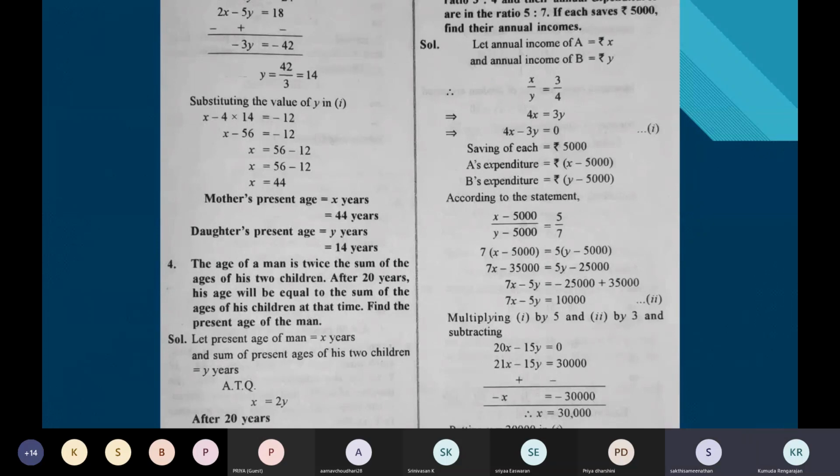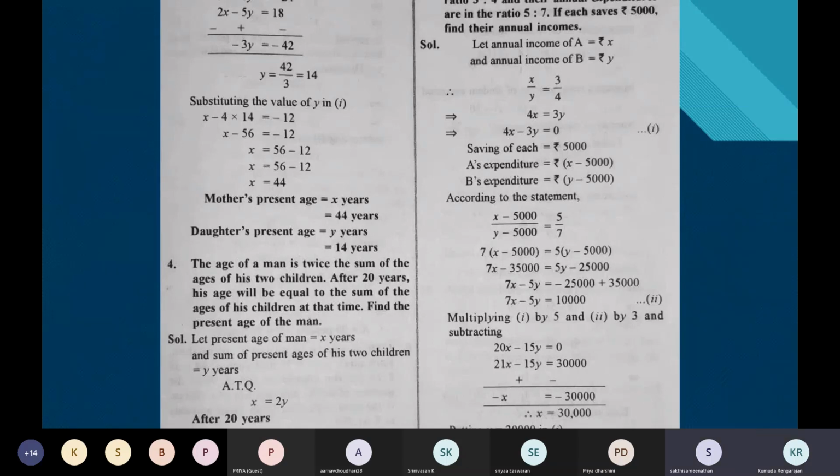Each one's age will increase by how much? 5, ma'am. How many children are there? 3 children. 15, ma'am. So we should add 15. After 5 years, each one will become 5 years older. So plus 5, plus 5, plus 5. Y plus 15.